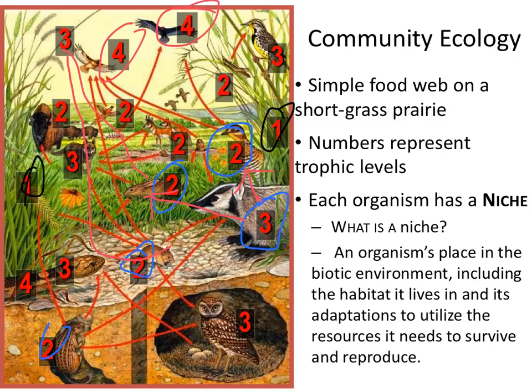So, for example, we've got this burrowing owl right here that lives in a burrow that a rodent has usually dug. And so it's living in a very specific habitat. Then, of course, when it comes out, it flies around looking for prey items.